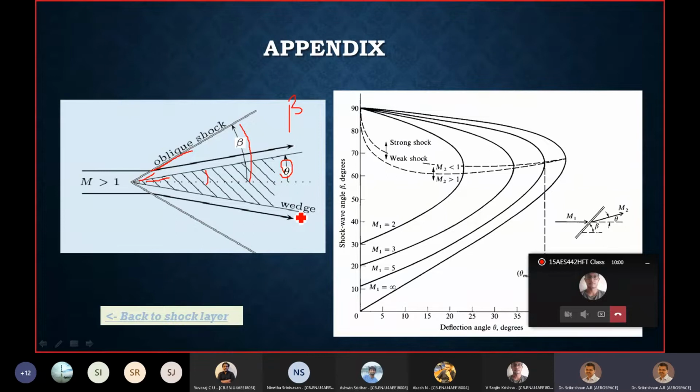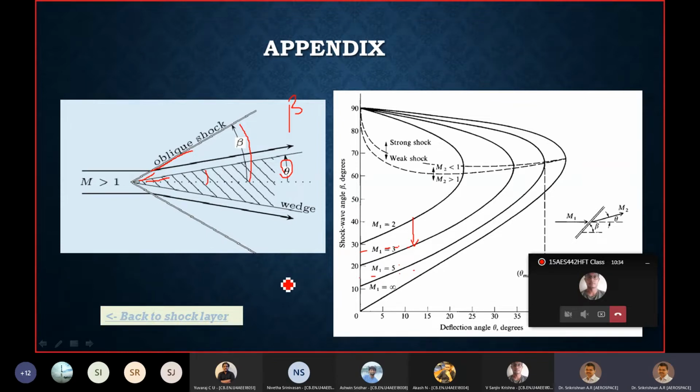If you go by this shock wave diagram, it clearly comes out that for a given theta, when you have an increase in Mach number, the beta reduces. These are for different Mach numbers: Mach 2, Mach 3, Mach 5, Mach infinity, etc. As you increase the Mach number, the value of beta, which you measure on the y-axis, keeps coming down.